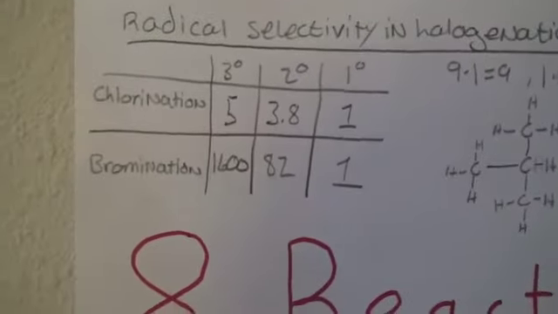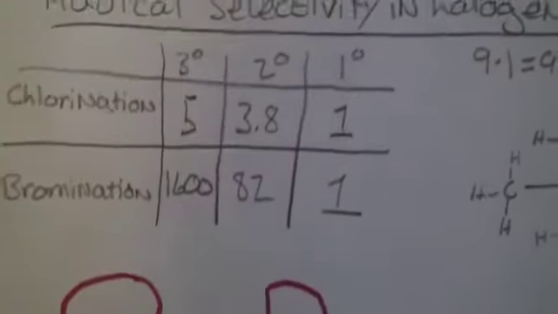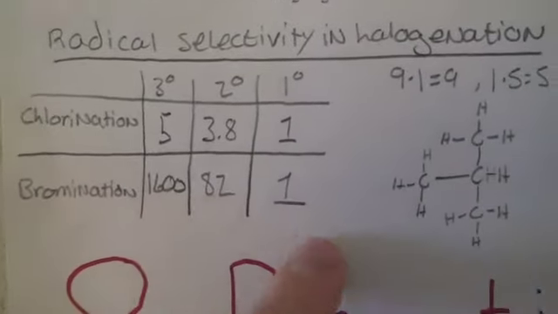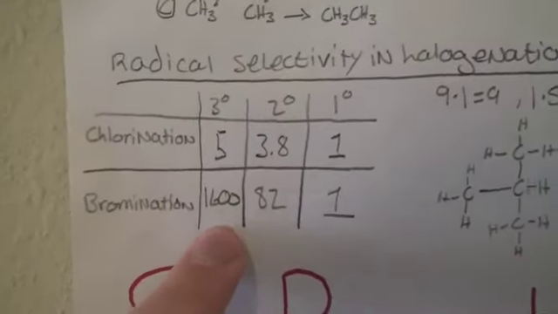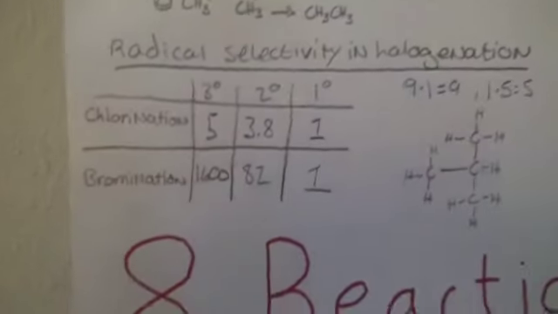So you're going to get essentially no primary product ever, even if there's a secondary carbon in there, because that forms 82 times faster. I mean, that's like me crawling and trying to race, I don't know, a fighter jet. It's just not going to work.